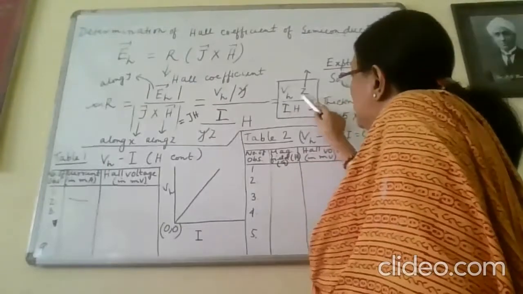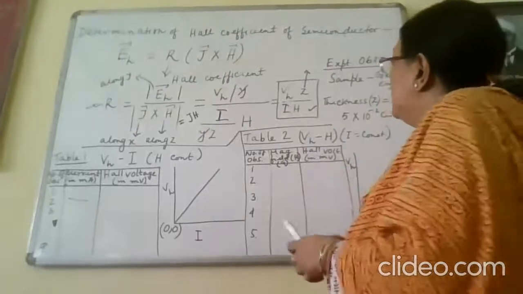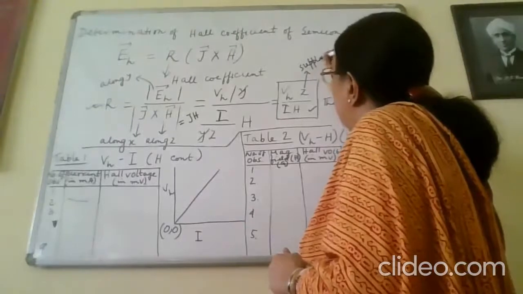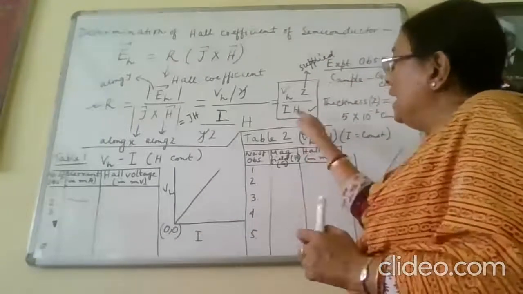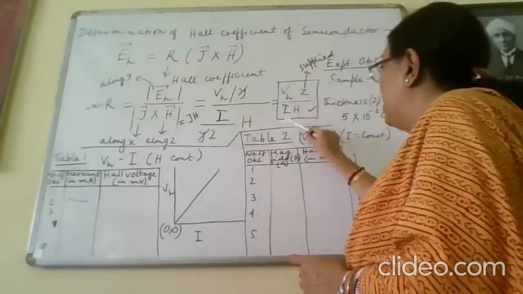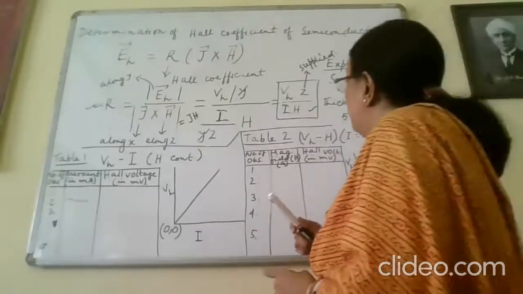So Z is basically the thickness of the germanium crystal, which will be supplied to us. We will not measure it. And what about I? I is the current flowing through the germanium semiconductor, and H is the corresponding magnetic field what we have taken.